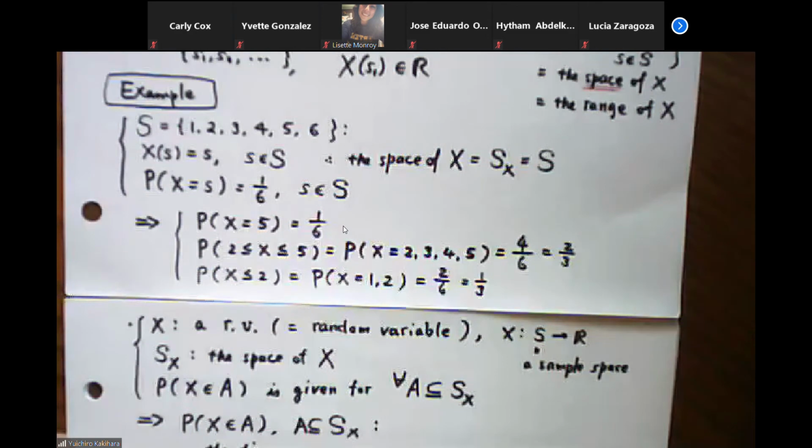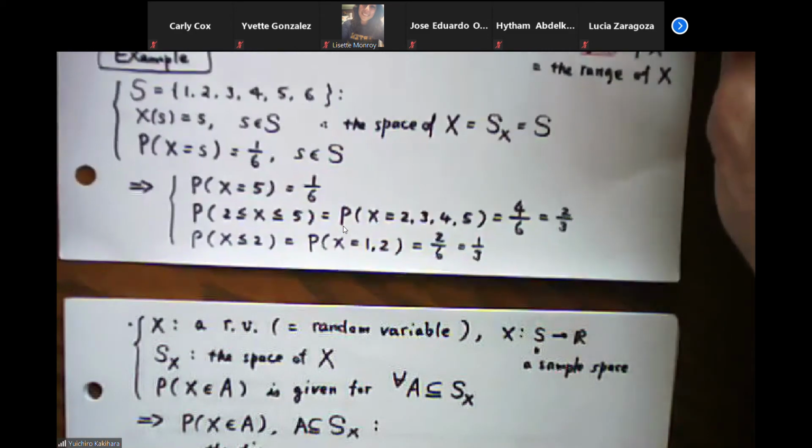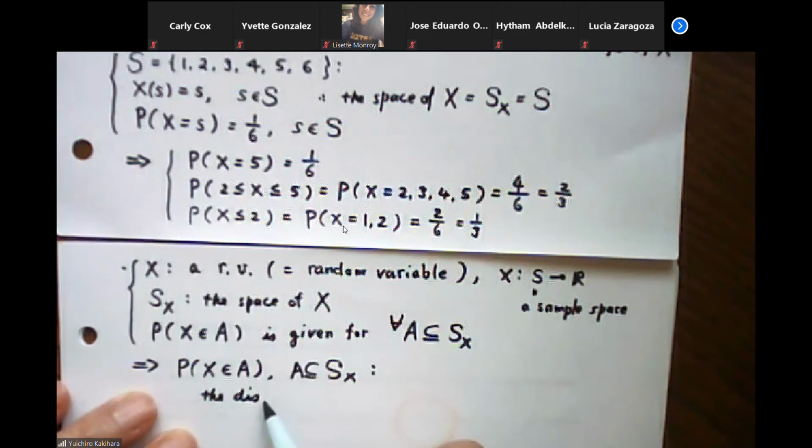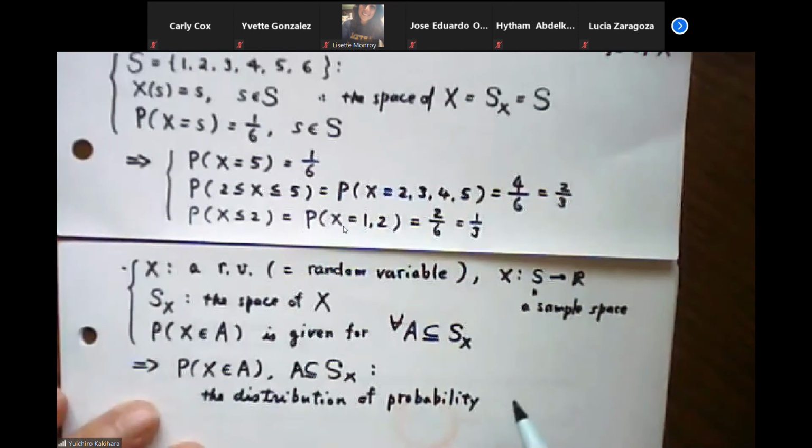This is called the distribution of probability associated with the space S sub X. Okay, this is the terminology.